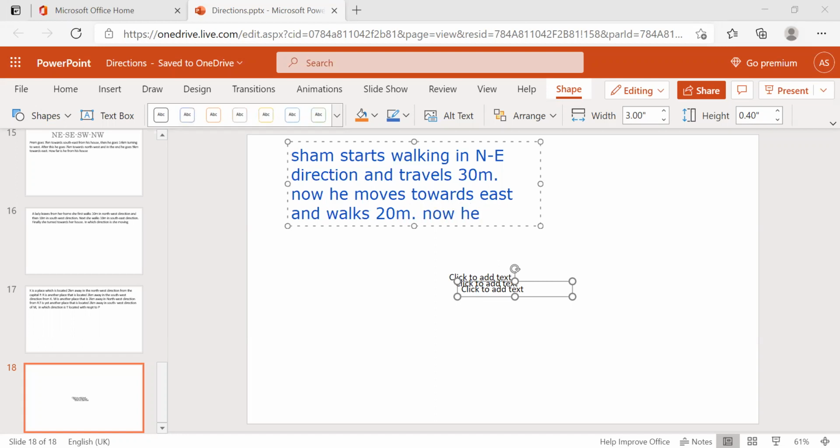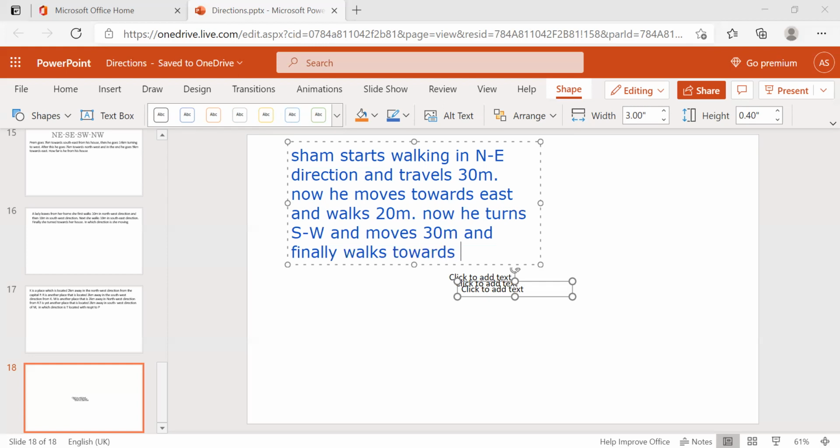Now he turns southwest and moves 30 meters, and finally walks towards west for 5 meters, and stops.